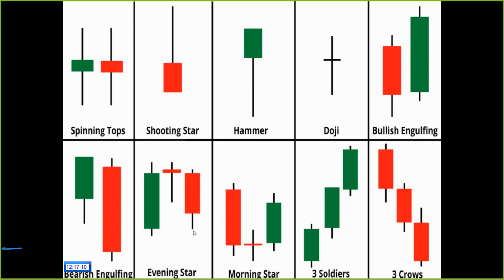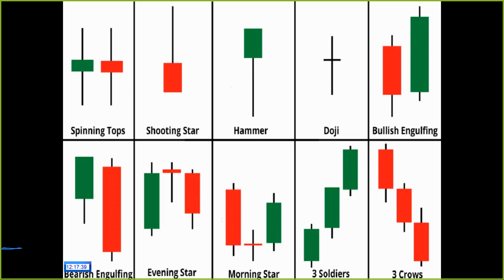Are we going to come down and take out the low? Because there's no short trades on this until you take out the low of this candle. So this isn't complete. You still need to wait for the next candle to confirm what's happening here. Same thing here. So price action is key when you're trying to figure this stuff out.